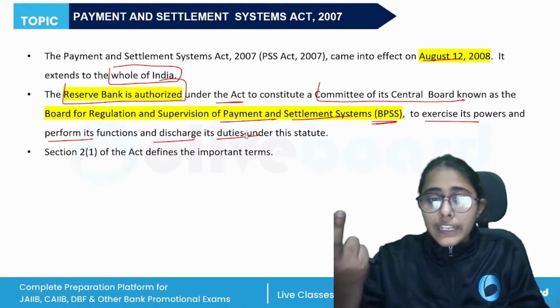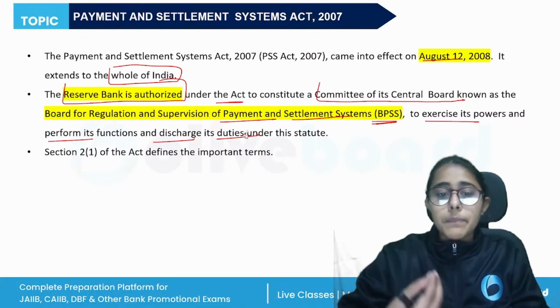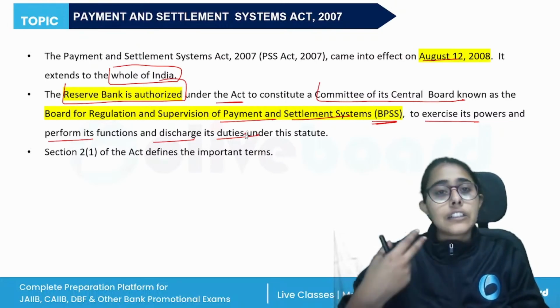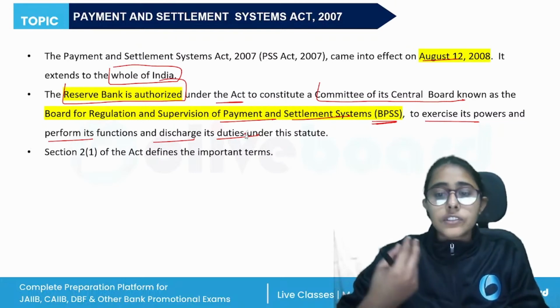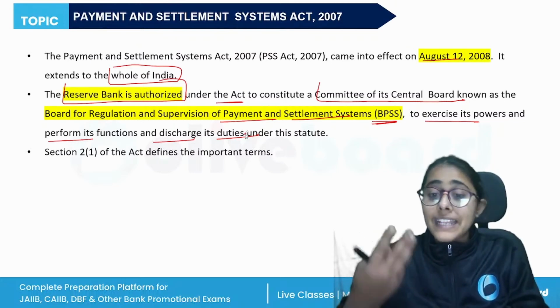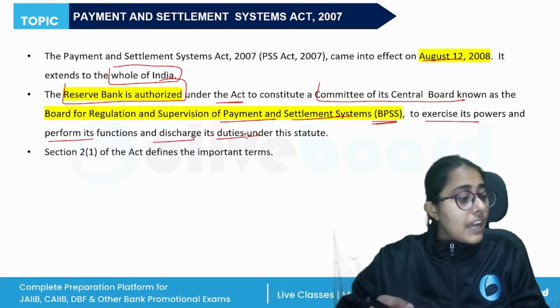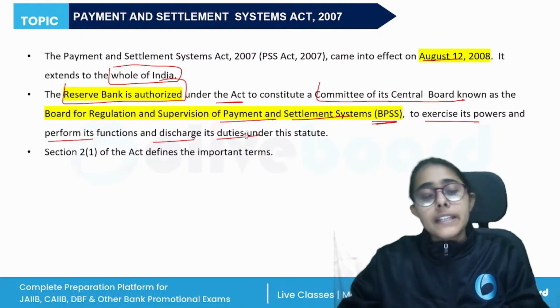Then the meaning of electronic funds transfer, wherein the transfer is made through electronic means and includes point of sale transfers, ATM transactions, transfers initiated by telephone, internet, and any card payment. Then we have the meaning of settlement, gross settlement, and net settlement.